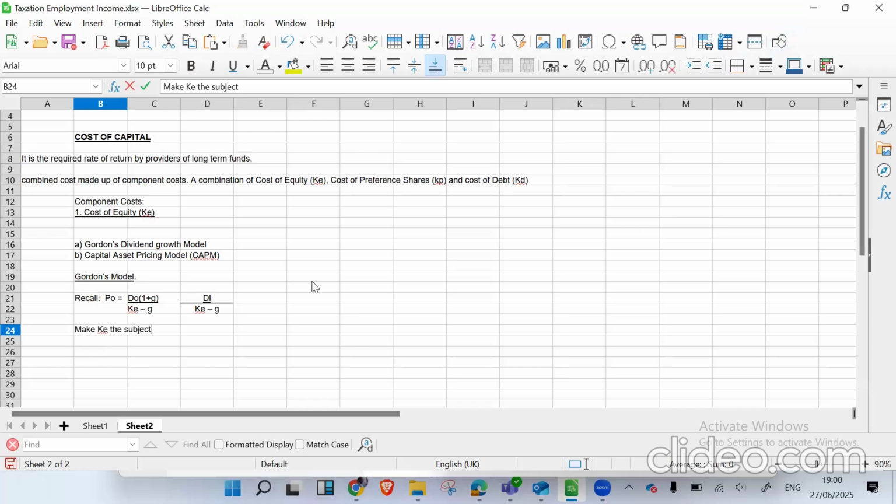This is what I said while introducing time value of money: it is a small topic, but its knowledge is needed in three other topics: valuation, cost of capital, and capital budgeting. We talked about valuation; now we are in cost of capital. After cost of capital, we'll go to capital budgeting, where the concept is needed.